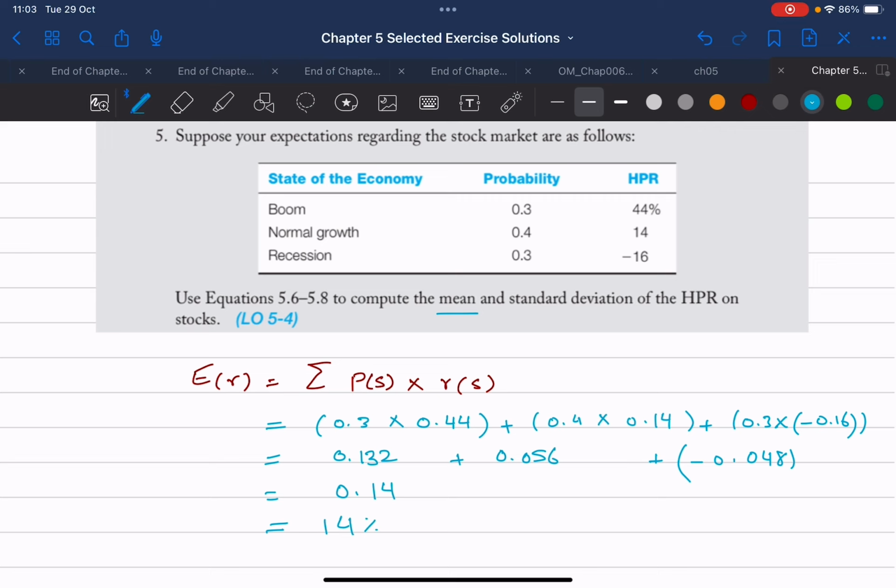Now, in order to figure out the standard deviation, we first need to calculate the variance.